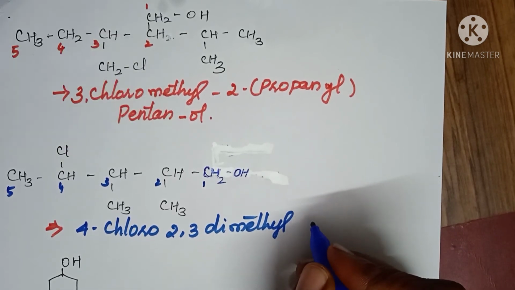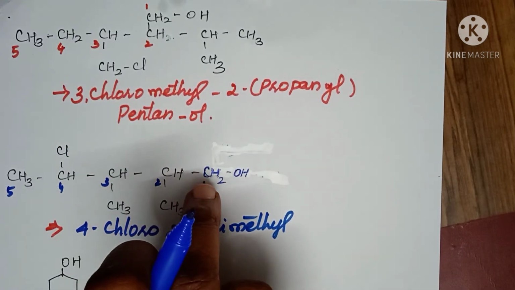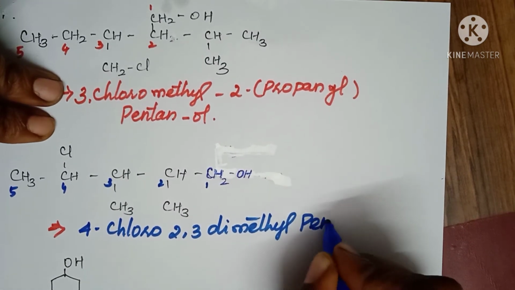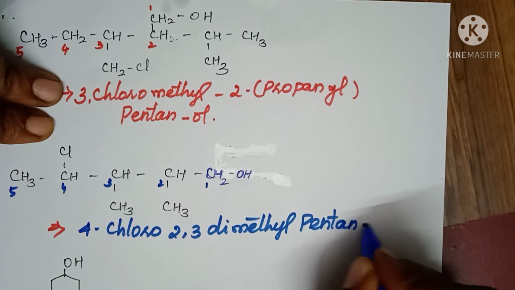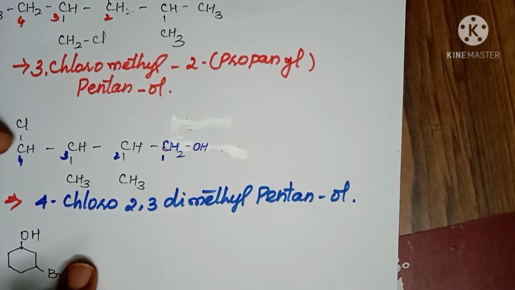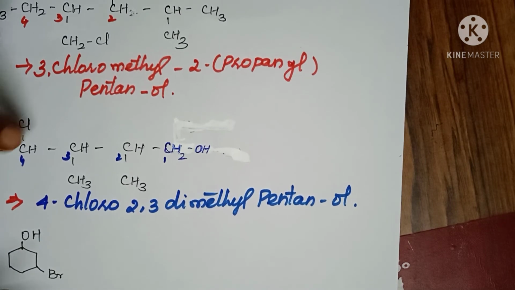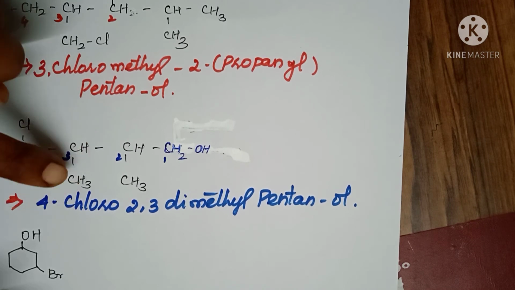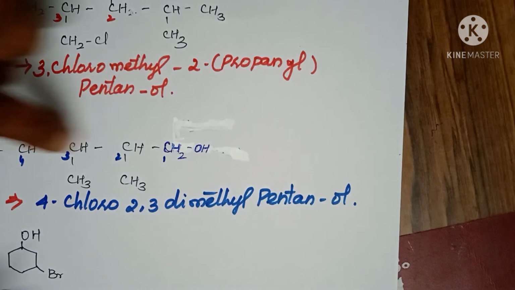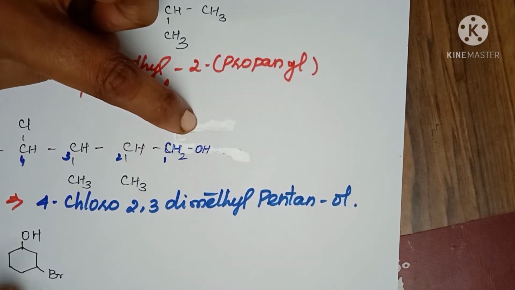Next one, how many carbons are there? 5 carbons are there. So pentanol. So, this is the name of this. So, you have to give priority to the electronegative group first according to the alphabetical order. Then next, whatever hydrocarbon groups are attached, and finally you have to give the complete parent chain and all.